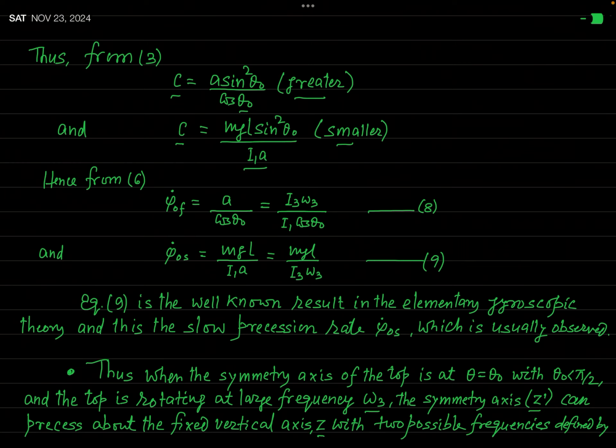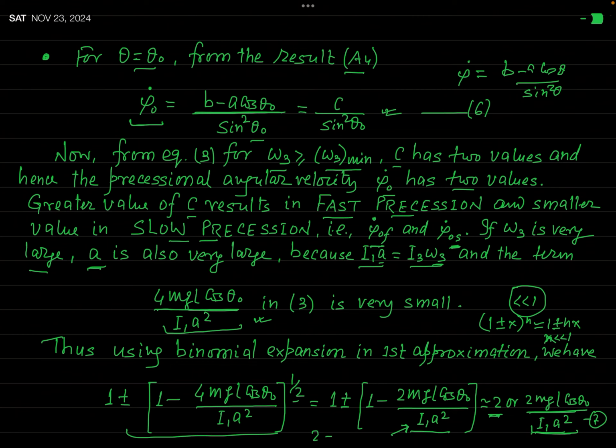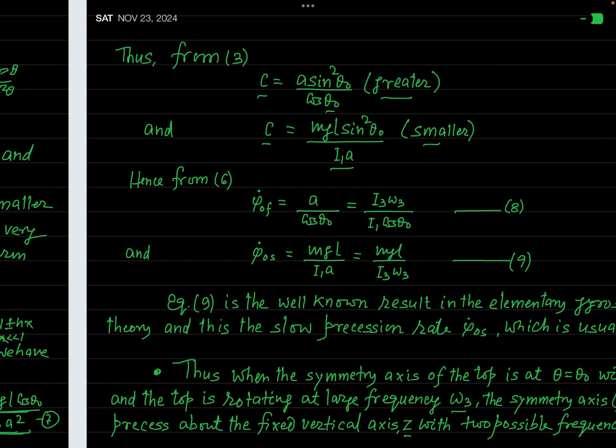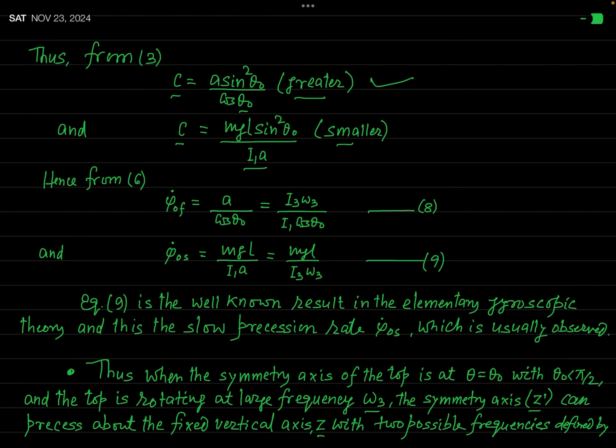Okay. Now after getting the two values of C, you can find the corresponding values of phi naught dot. For larger value of C, we will substitute here at the place of C in this expression. Okay. And when C is larger, we have fast precession, and the angular velocity of this fast precession is given as phi naught f dot, which will be what?